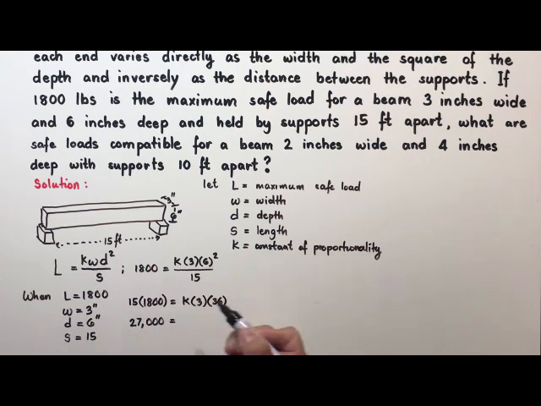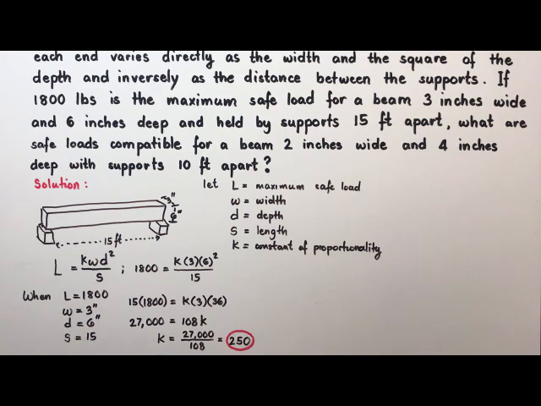And this is equal to 36 times 3, which is equal to 108, and then multiplied by K. So therefore, K is equal to 27,000 divided by 108. And if you divide this one, you will have a quotient of 250. So 250 is our constant of proportionality.